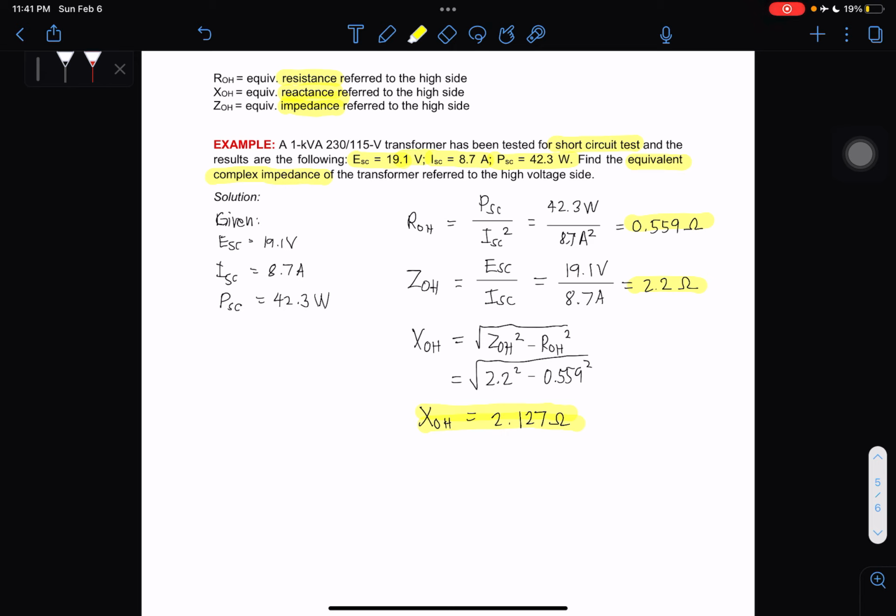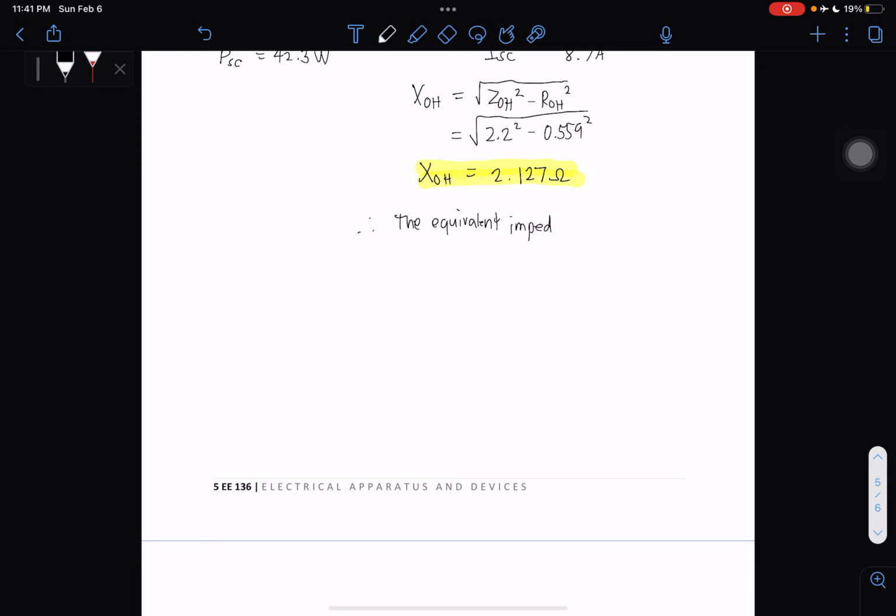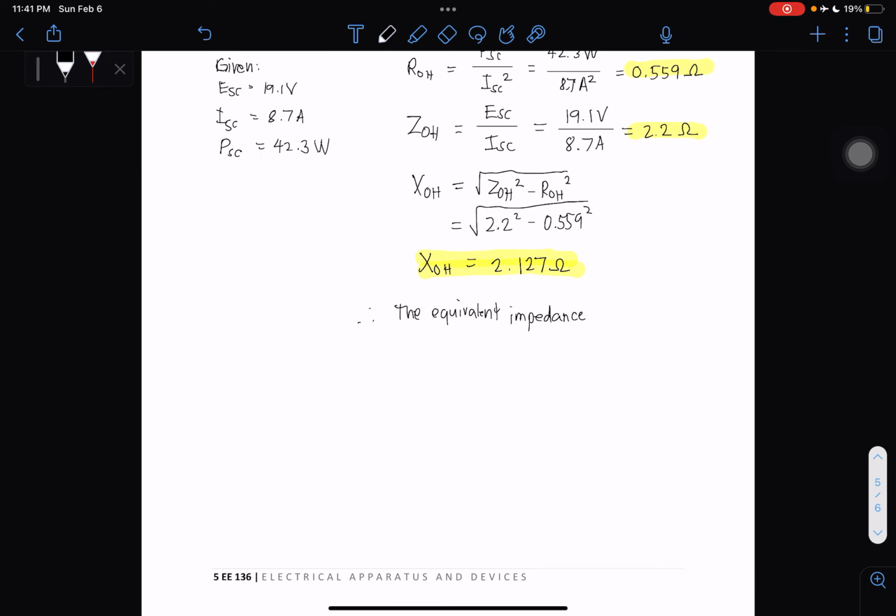We all know that the complex impedance referred to the high side is, in our problem, ROH, 0.559, plus j XOH, 2.127 ohms.